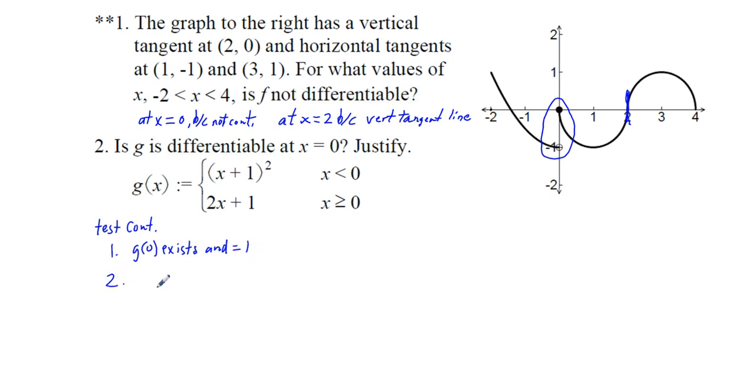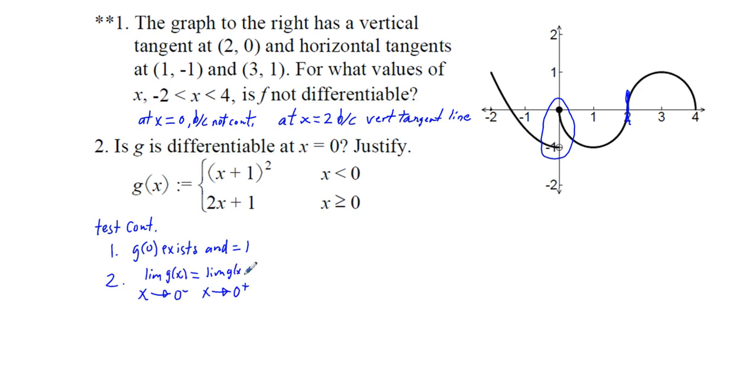2, the limit exists, and for that the limit as x approaches 0 from the left of g of x has to equal the limit as x approaches 0 from the right side of g of x.